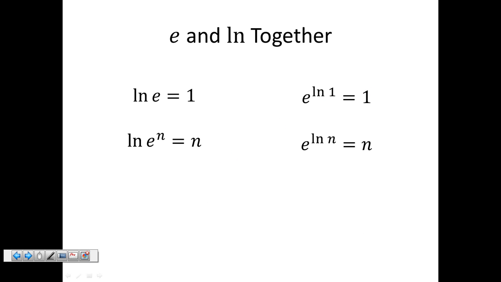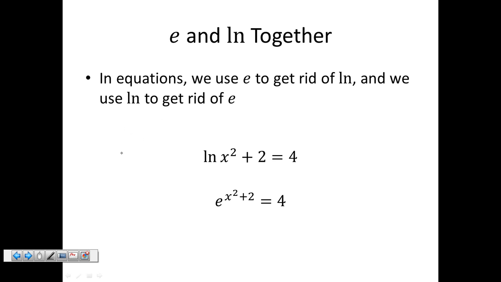Now, we see e and the natural log working together a lot in math. Maybe not so much here in Algebra 2, but we use it a lot in calculus and some higher level stuff. When we take the natural log of e, because the log base matches that number in there, the log base e, the natural log of e, is equal to 1.